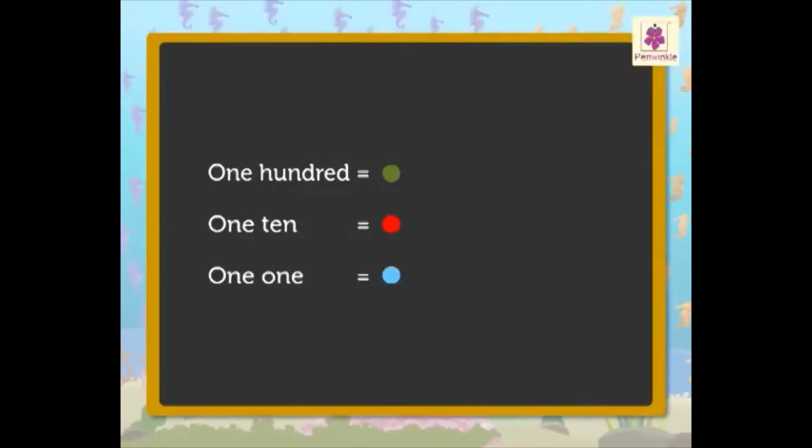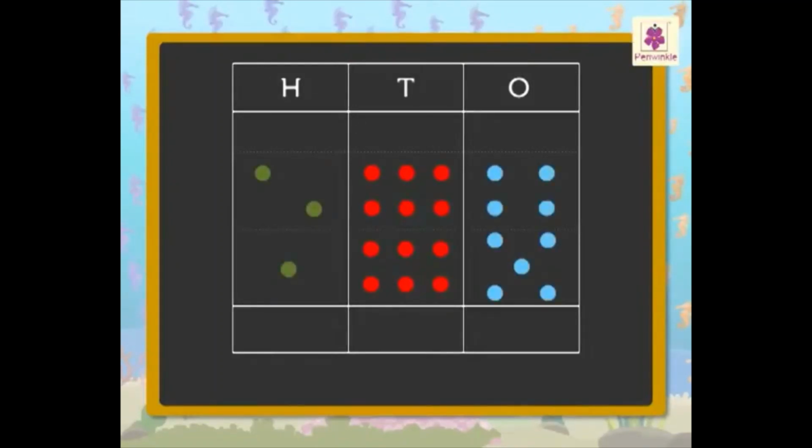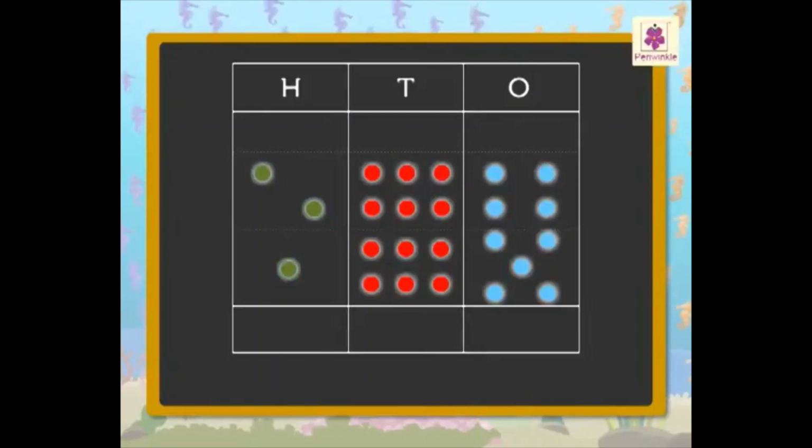Let us represent each 100 with a green dot, each 10 with a red dot, and each 1 with a blue dot. So, the numbers 264 and 165 will be represented with dots like this.